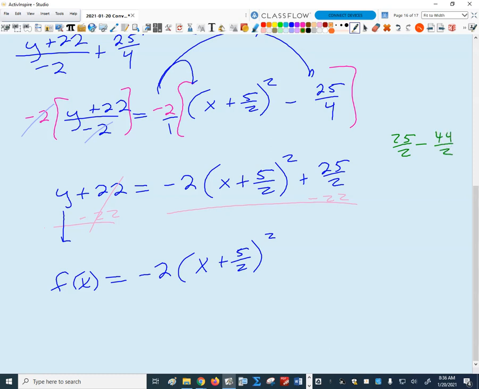So that gives us negative 19 halves. There you go. So now you know that this is in vertex form. I know that h is negative 5/2 and k is negative 19/2.